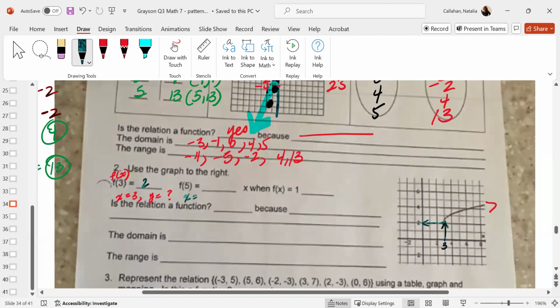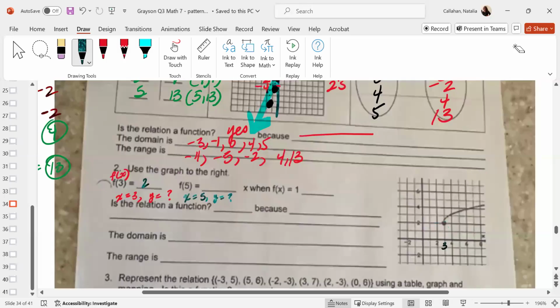So when the x value is 5, what is the y value? All right, so when x is 5, here is 5 right here. That's where the y is, correct? Yes. And what is that, 4? 4. Okay, next.